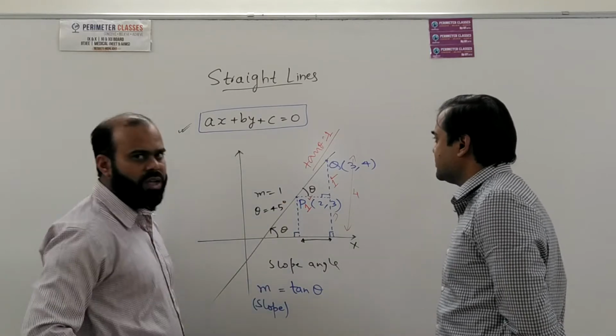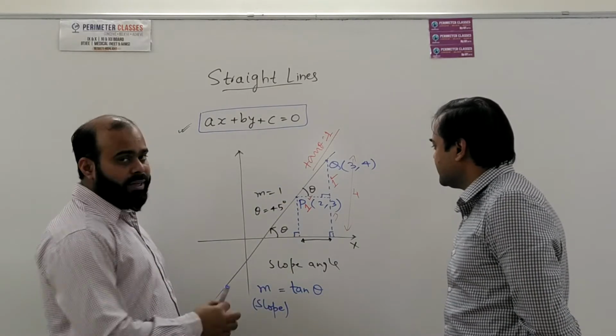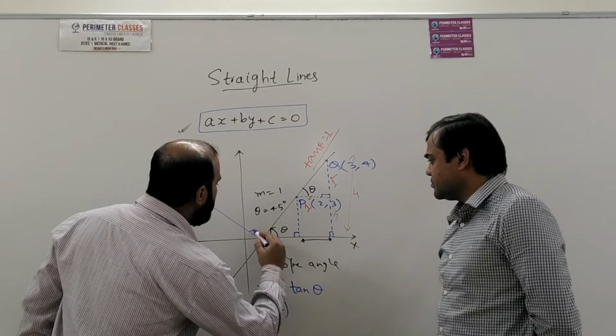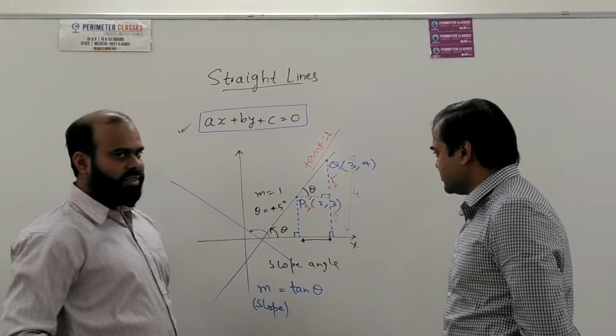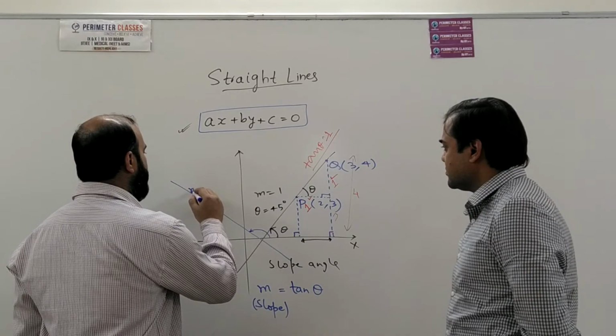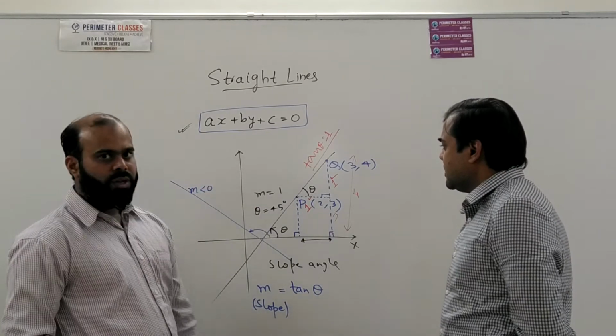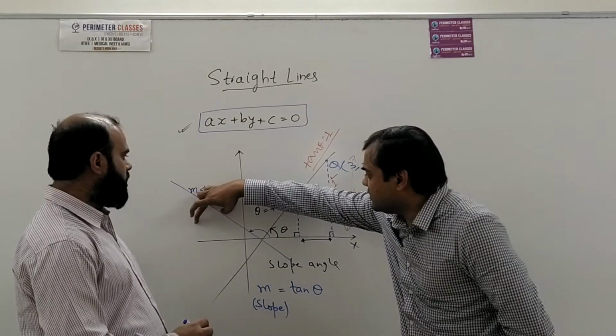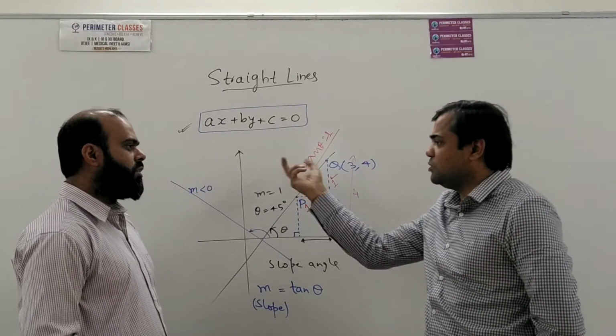Tan 45 is 1. Slope can be negative also, because if we take a line which is making an obtuse angle with the x-axis, then you will get a slope which is less than 0. In this case, the difference of y can be positive and the difference of x will be negative, so the ratio will be negative.